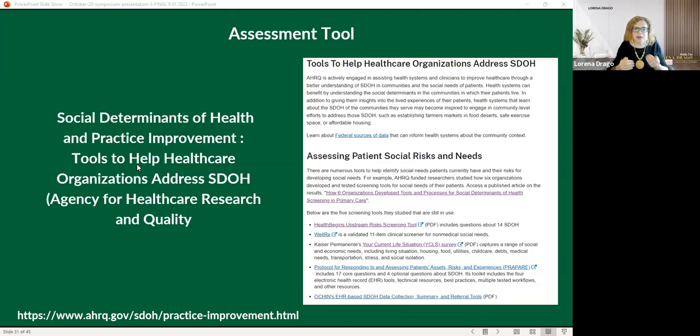Someone with type 1 already knows, so the explanation doesn't have to be as detailed. Someone with type 2 that starts insulin, those are the ones that I have to go into a little bit more in-depth discussion with and allay the fears, because they're going into that change. So that's when I have to start with a different explanation.